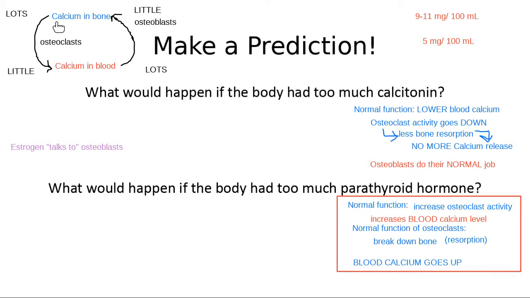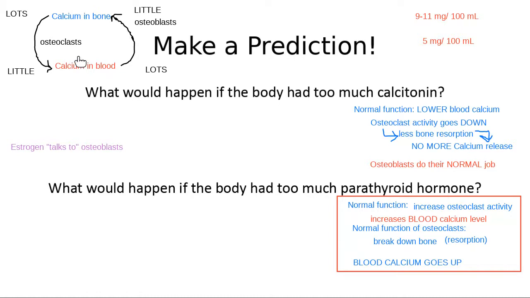Ideally, we're doing things at the same rate. If we start changing this balance with parathyroid hormone, with calcitonin, with estrogen, that's when we see our bone density change. I'll build more bone, or I'll break down more bone. That's what happens with bone density. It all comes down to this circle of life, if you will.